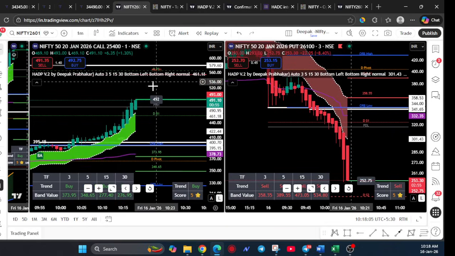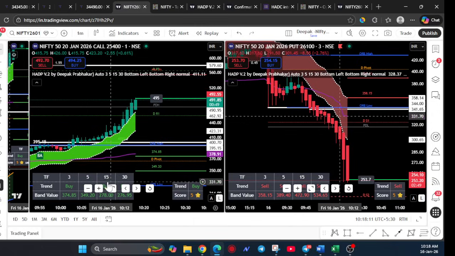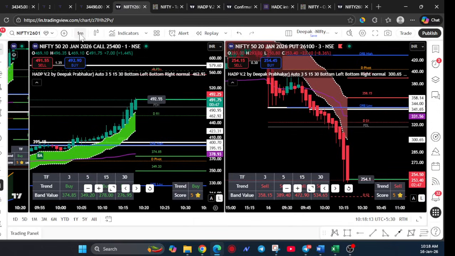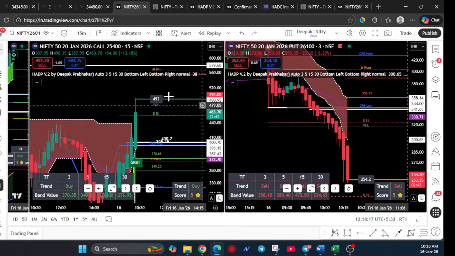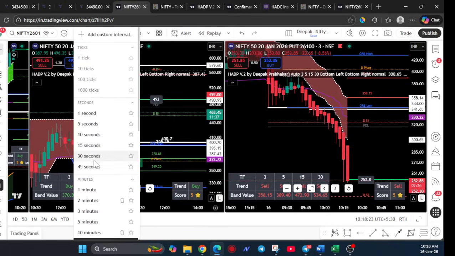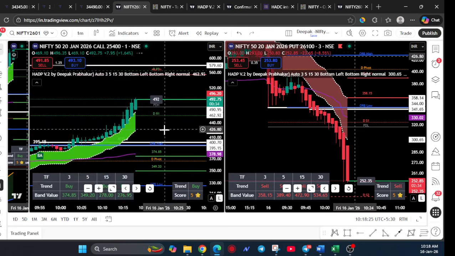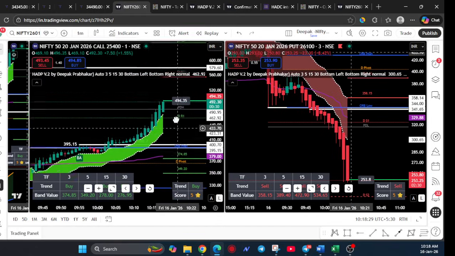It should close by 10:30, no, 10:15 it would have opened, 10:30 only it will close, so we'll have to watch 15 minutes. We need a close above this band. It is above the band now. This 15 minutes candle needs to close above this, then probably there may be a further move. 496.